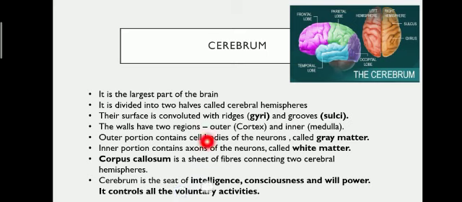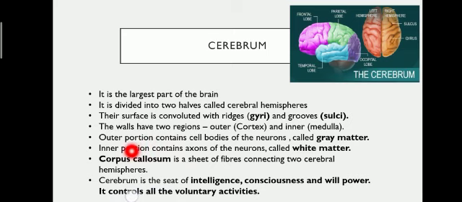Then there is a sheet which is present just below the cerebral hemispheres and connects the two cerebral hemispheres, which helps in the transfer of information from one hemisphere to another. The name of that sheet is corpus callosum.